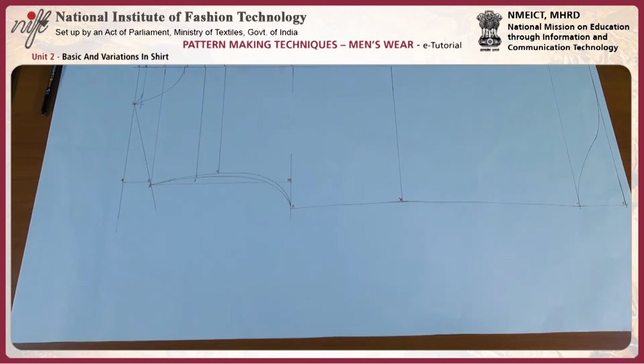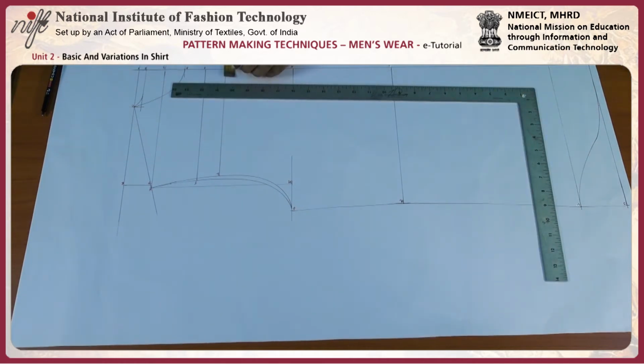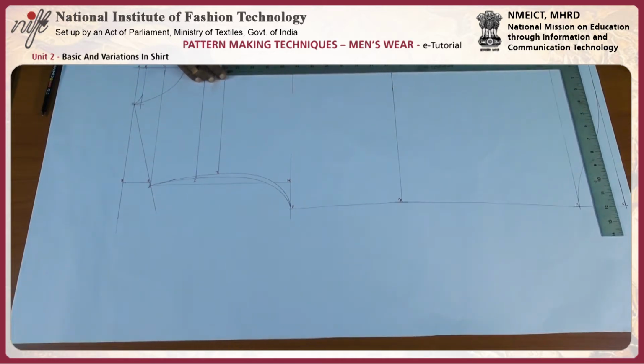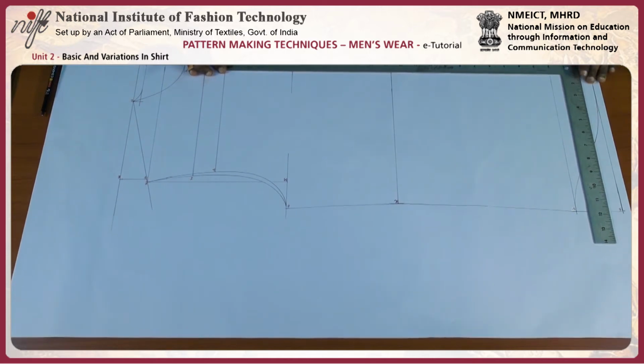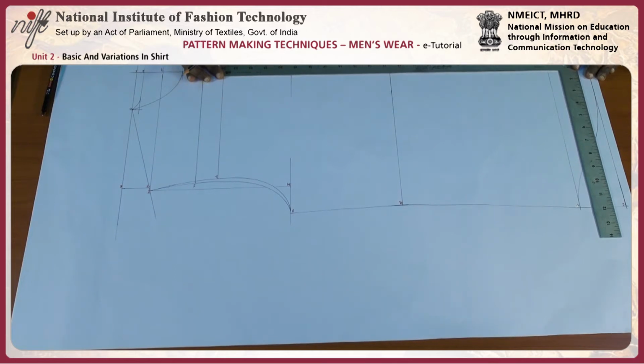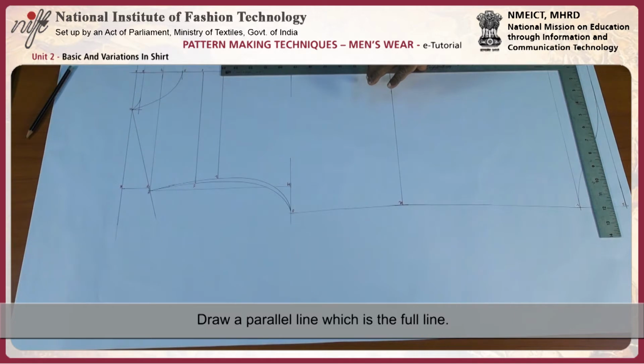Normally we keep 3.5 to 4 centimeter, sometimes in casual wear 4.5, 5 centimeters too, which should be measured from the reference line, then draw a parallel line which is called the fold line.